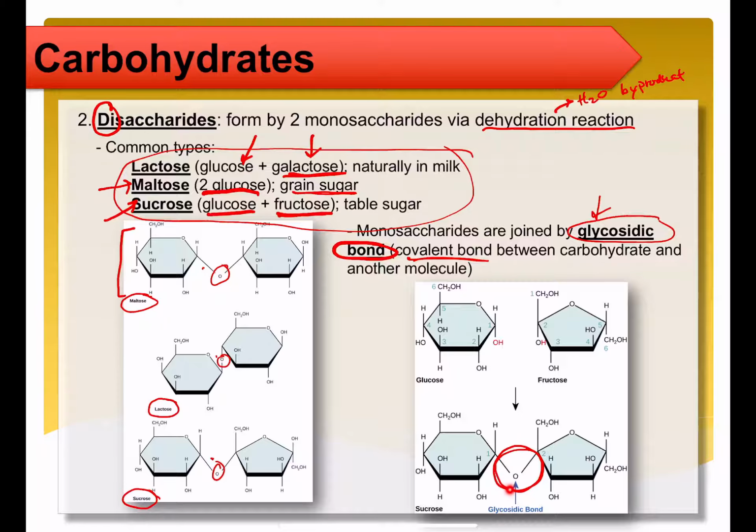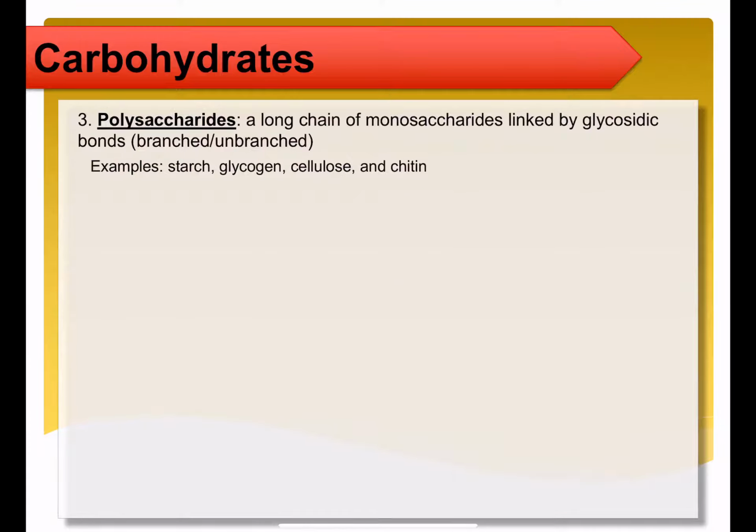Whether it is maltose, lactose, or sucrose, the bond that forms between two monosaccharides is always called a glycosidic bond.